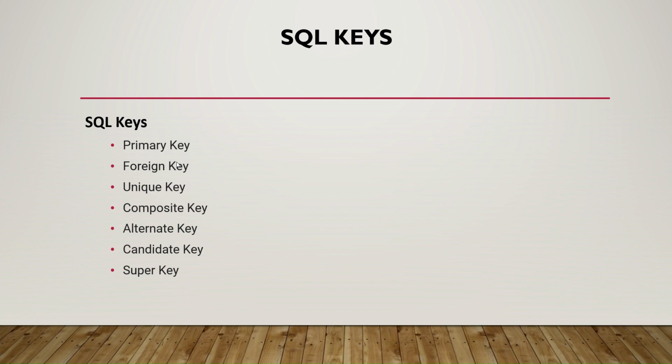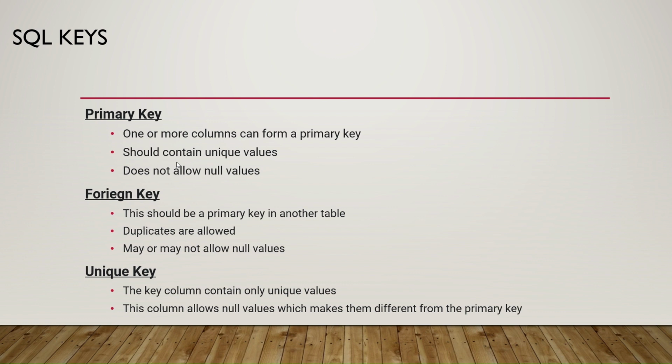The very first one, which most of us use frequently and which is popular, is the primary key. A primary key is a unique identifier that helps us identify a row in a relational database.